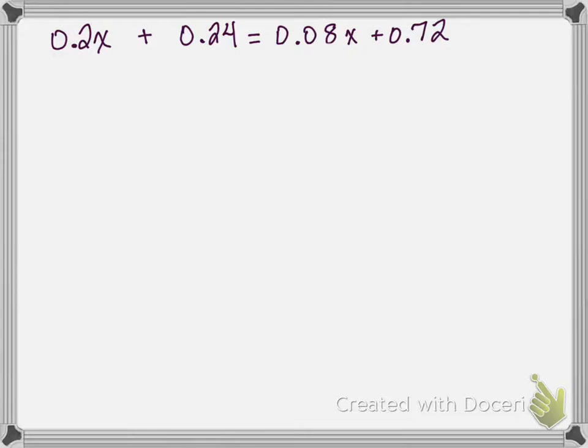how many decimal spaces each one of those terms have. Okay? So my first term, how many decimal spaces does that have? 1. My second term, how many? 2. How many for the third term? 2. And the fourth? 2. Okay, so what's my highest number of decimal spaces? 2. Okay.